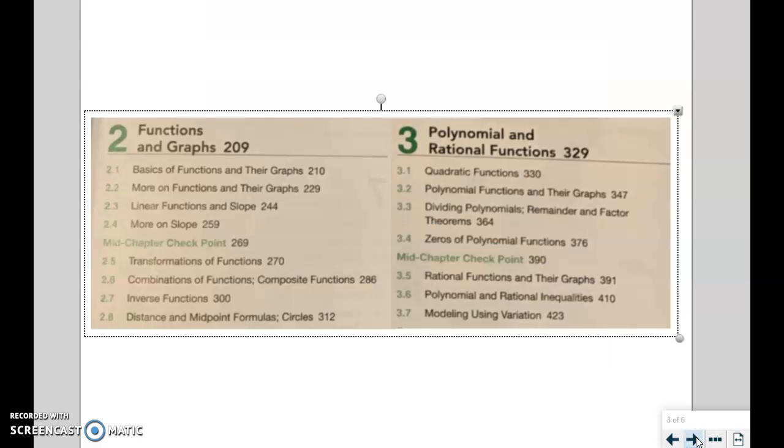Then chapters 2 and 3, basics of functions. I love putting the linear functions together, the slope, transformations. One of the things that I like about college algebra and pre-calculus is we start working with all sorts of functions, and the students start really understanding that if you have x plus or minus something, it's not about memorizing what that does, but that every function is moved the same way.